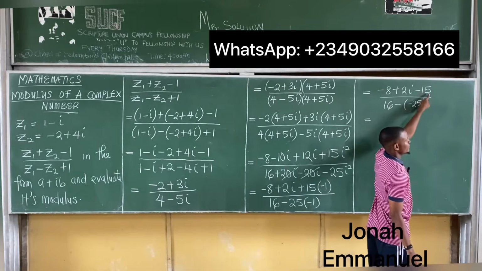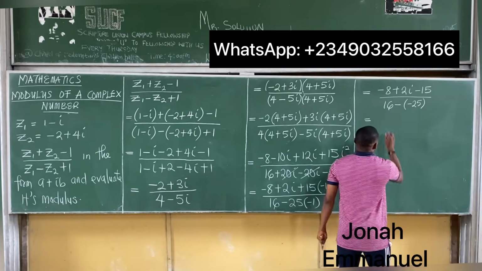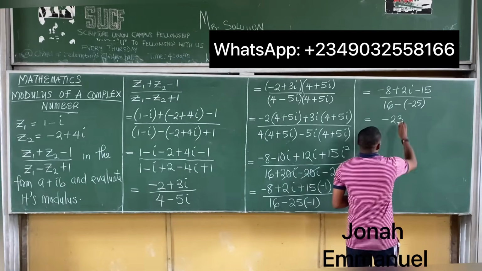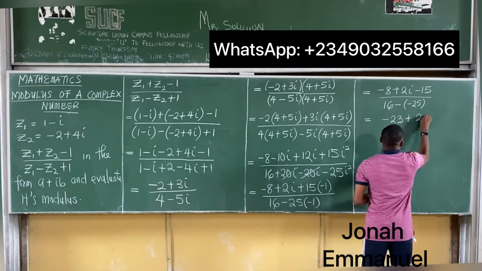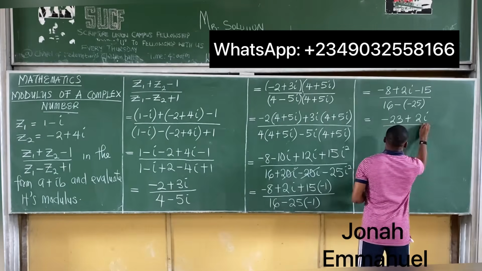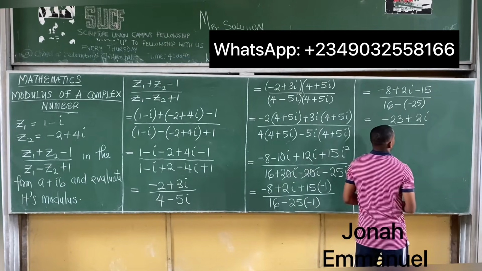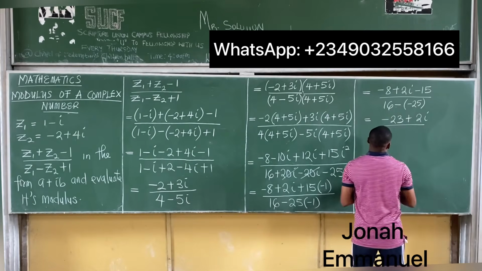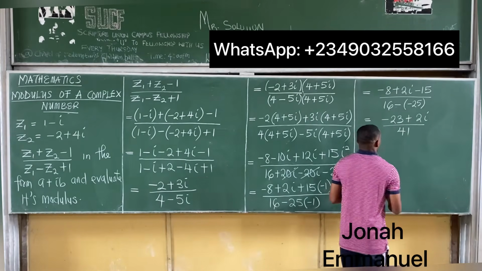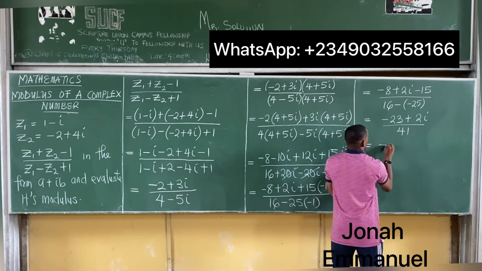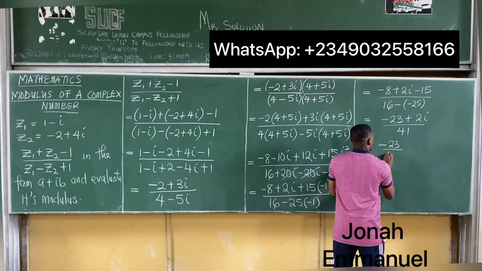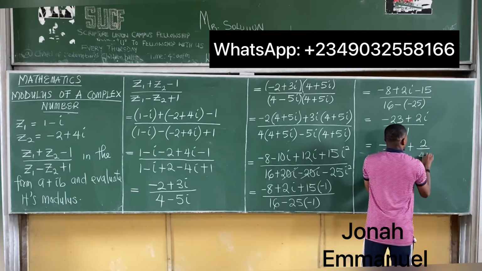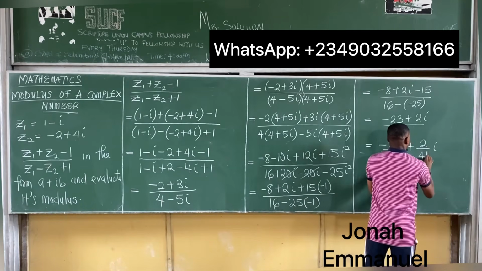Minus 8 minus 15 is minus 23, plus 2i, all over 16 plus 25, that's 41. So hence, this will be equal to minus 23 over 41 plus 2 over 41 all into i.